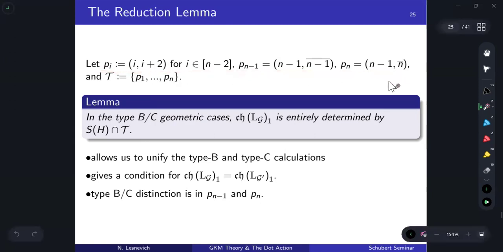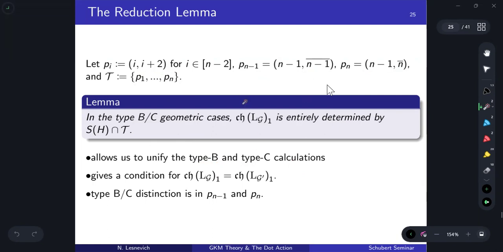So I can compute everything I need to know just from which one of these I see showing up. The first thing this allows us to do is unify type B and type C calculations. Type B and type C are very different, despite having the same Weyl group, but this structure allows us to do essentially the same sort of work for both.